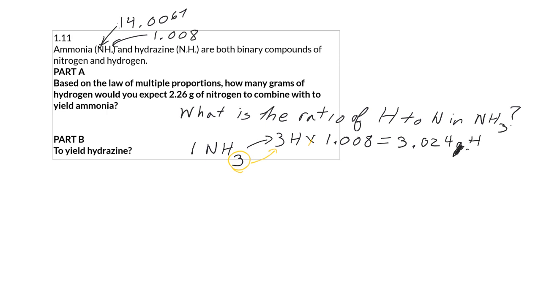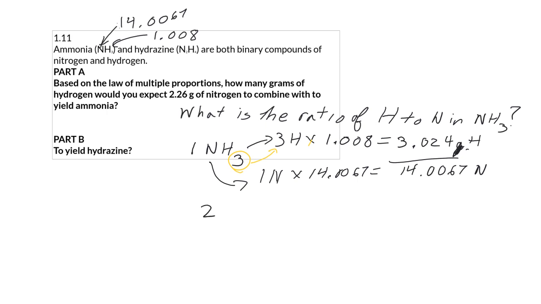3.024 hydrogen. We have 1 atom of nitrogen. That 1 atom of nitrogen has a mass of 14.0067 AMU. So now we have a ratio, and if we have a ratio, we have a conversion factor.